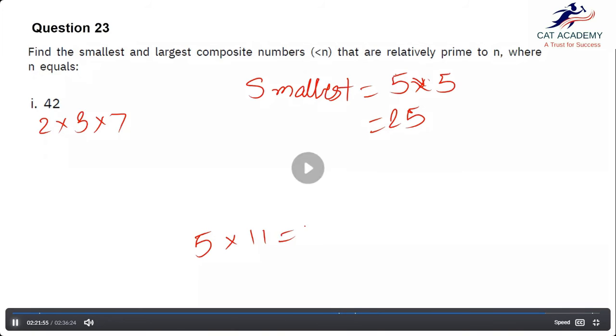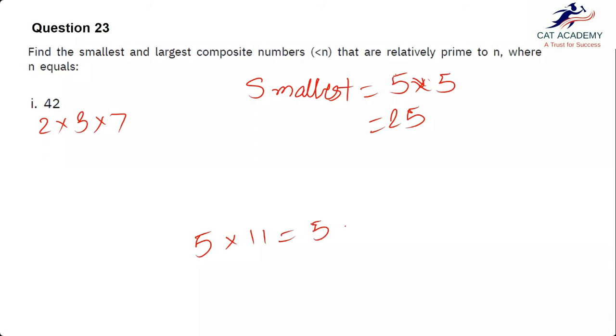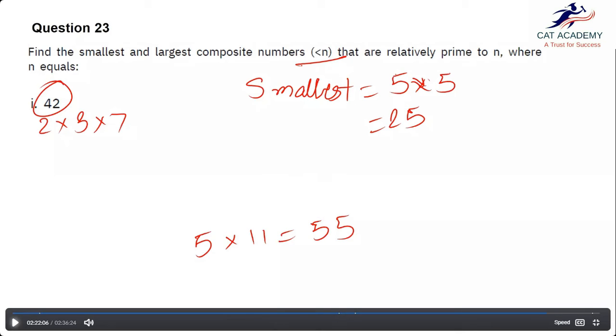That's 55. But 55 exceeds my given number and I cannot go above my given number. So can I say that my second smallest is also outside my range?